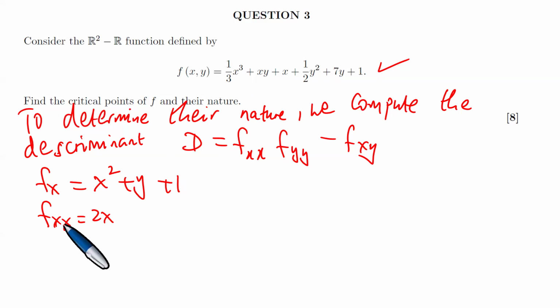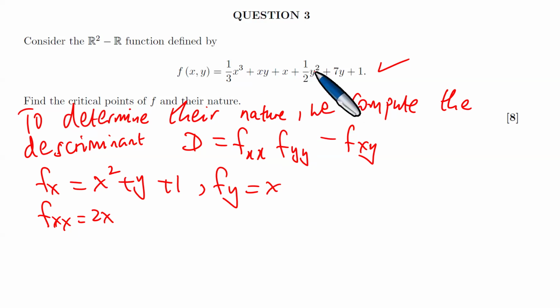So differentiate for the second time, partial derivative. Okay, now let's come to this same function. We're going to do fy because we need fyy in the discriminant. So first we're going to find the partial derivative with respect to y. This one is 0. With respect to y, it's only x. With respect to y, it's 0.